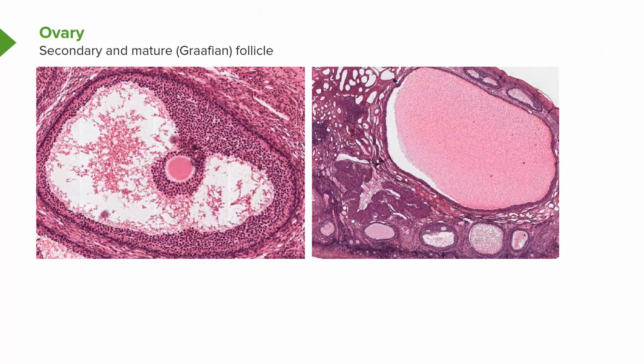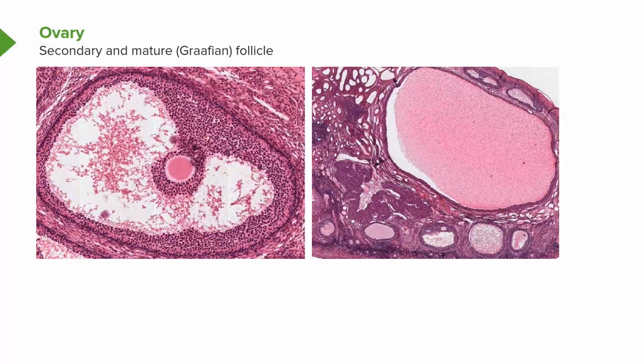It can be up to 10 or even 20 microns in size. Because it's so huge, you don't often see sections through the oocyte as you do on the left-hand side. It's just a chance that when you section some of these large follicles you actually see the egg, or the oocyte, as well.